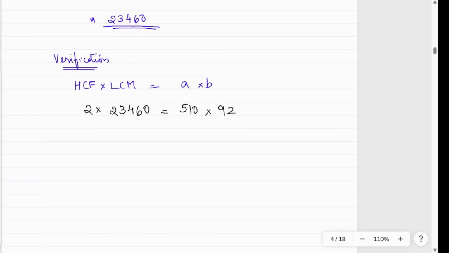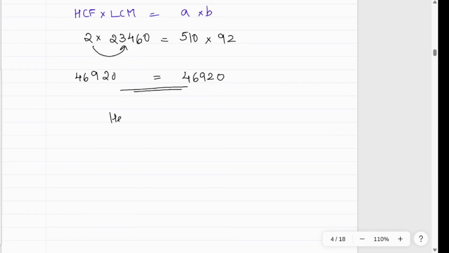So how much will we get here? 2 into 23,460 gives 46,920, which is equal to 510 into 92. That again is 46,920. So it is verified, right? So we will write hence verified. Clear?